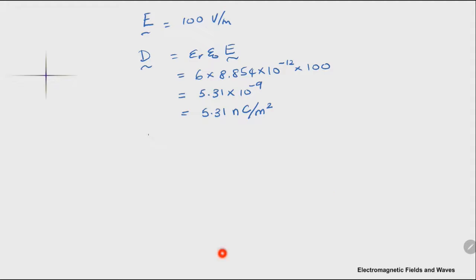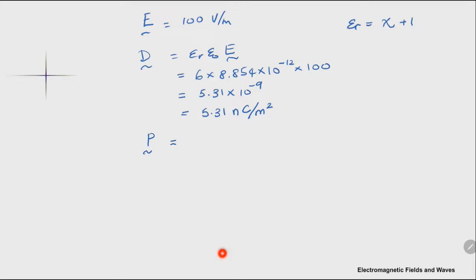Polarization P. So we know that epsilon R is equals to chi plus 1.